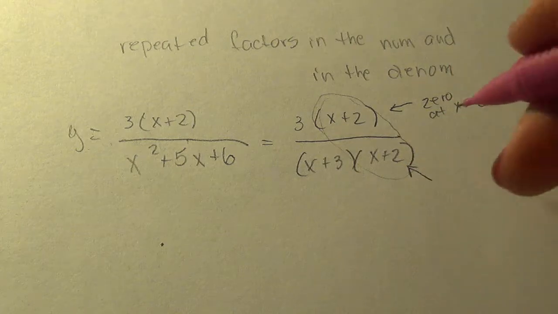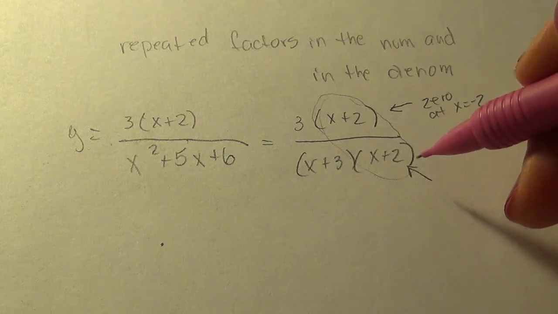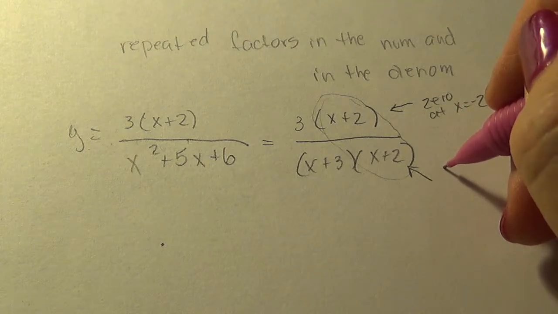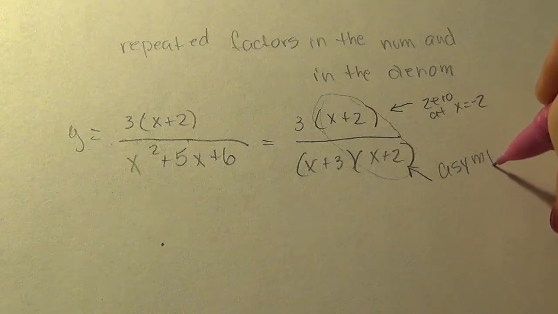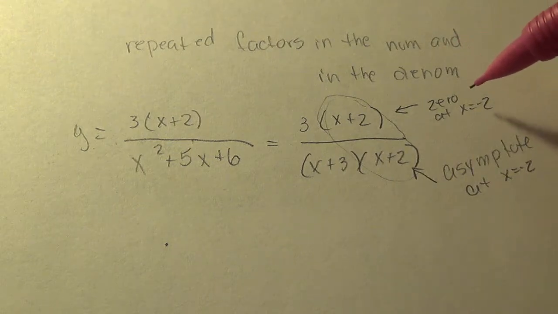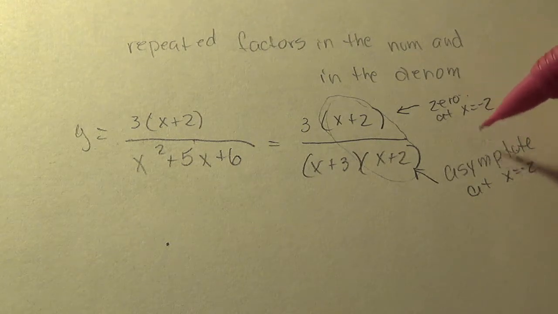But down here, we've also stated that when we zero out the denominator, that's where we have an asymptote. So this is saying an asymptote at x equals minus 2. But it can't be a 0, which is a point, and an asymptote, because an asymptote forbids all points. So how can it be both?